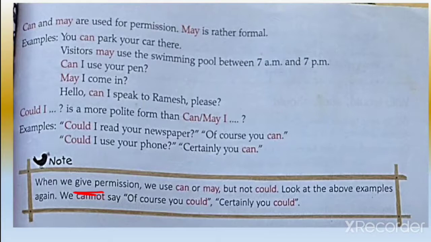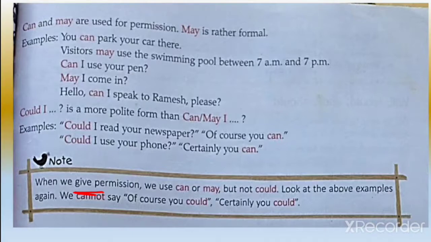So students, I hope it's very clear for you. Once again, can you have to use for the ability to do something, to know how to do something. Could we can use for ability also, but ability in the past. And could is more polite than can and may, so for permission also we can use could.